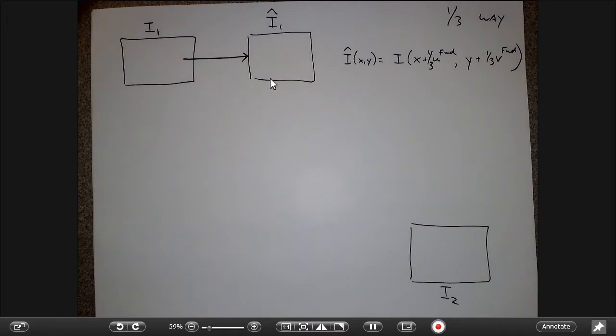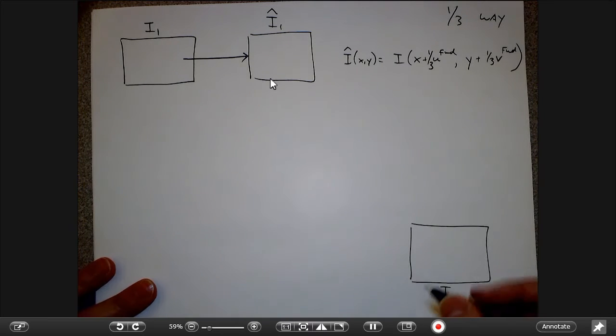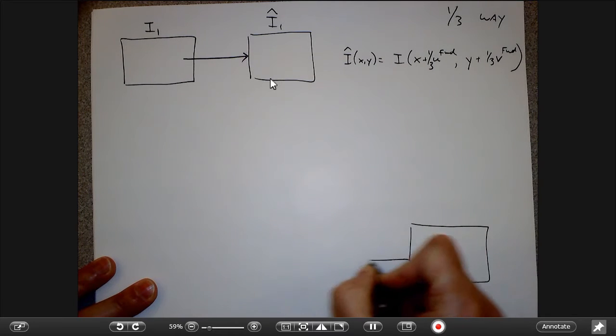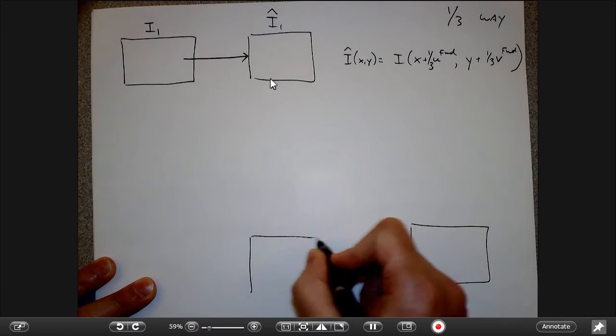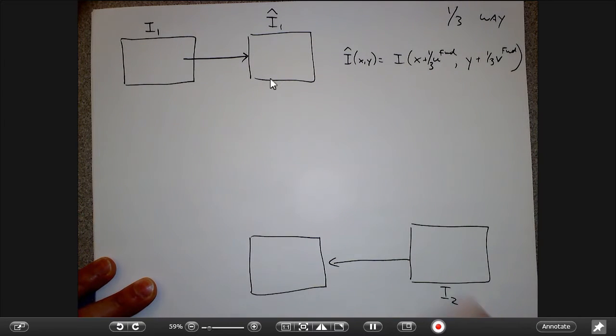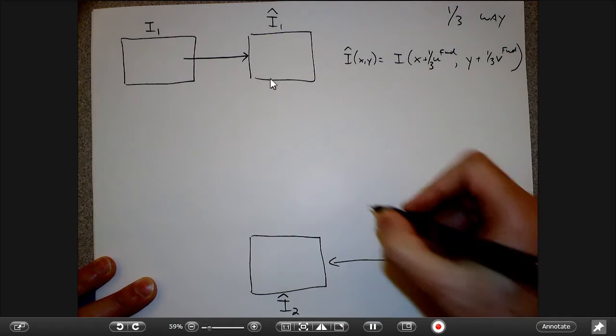I'm saying, all you pixels go a third of the way over to where you should be to get all the way to image 2, right? And in the same way, I'm going to push this one over with the backwards optical flow. So this is my warped second image.